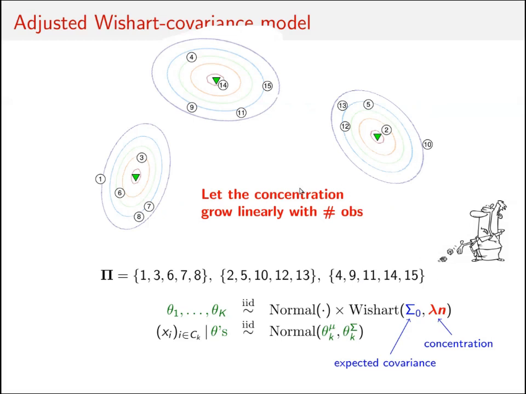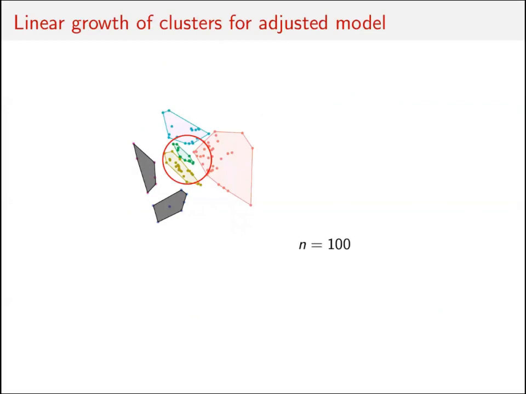So the more data you get, the more your expected value of the covariance structure within the cluster is concentrated around this critical part you assume. And with this model, first we were able to mimic one of these results from the very beginning, namely the one that you can control the cluster proportion that intersects a given ball.